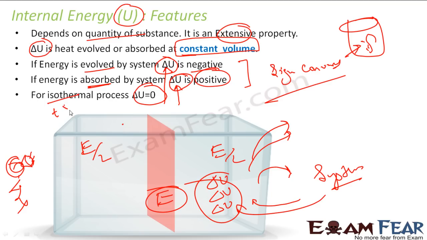The moment you talk about internal energy, the volume is constant, and the temperature is constant. We have the gas law PV = nRT. So n is constant, R is constant, T is constant, V is constant, so pressure will also be constant. Everything is constant, so there's no change in delta U. For an isothermal process, there is no change in internal energy.